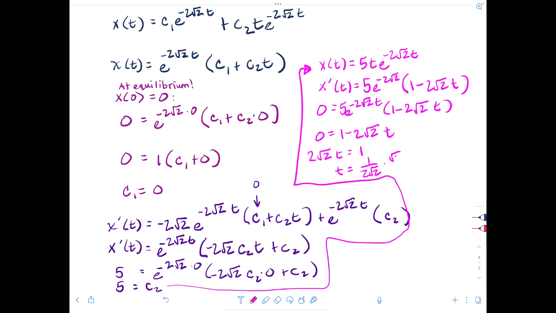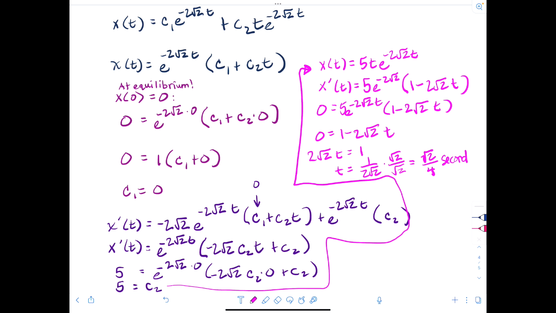But if I rationalize that, I think it's going to clean it up quite a bit. And so that would end up being root 2 over 4, and that's root 2 over 4 of a second. Cool so far? So that's when extreme displacement will happen.